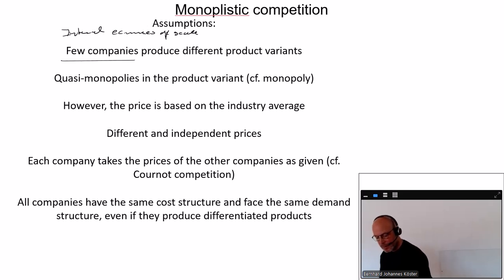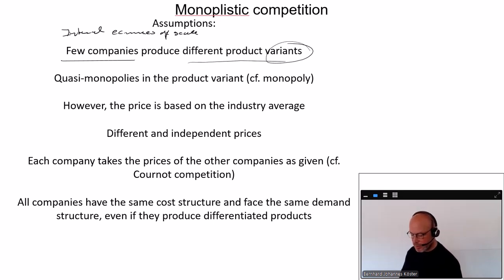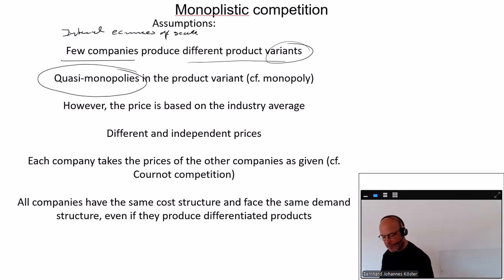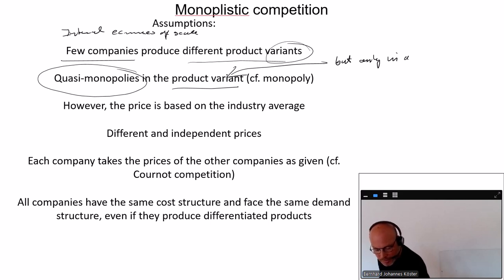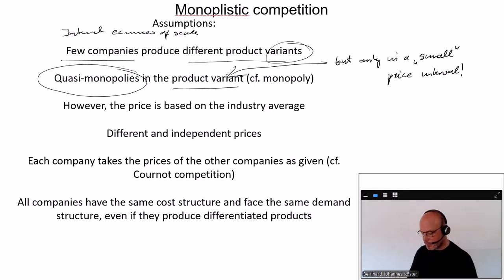This means few companies producing different variants of goods, and within an interval we have a quasi monopoly for this product variant, but only in a small price interval.